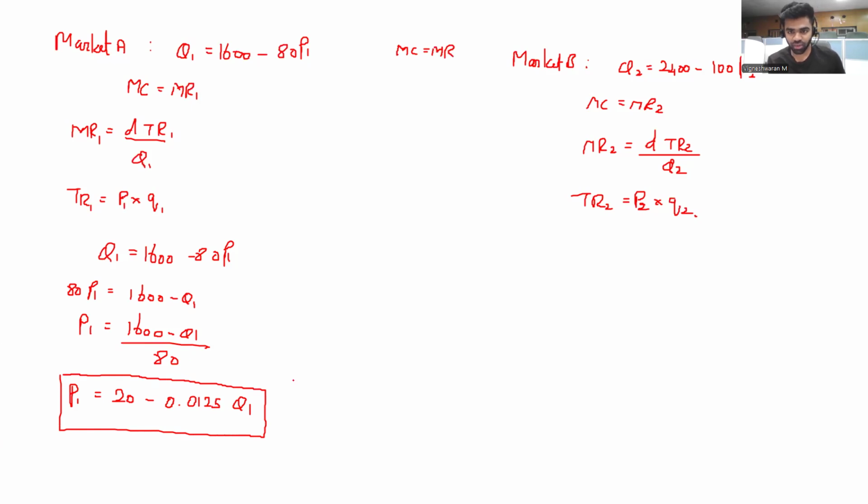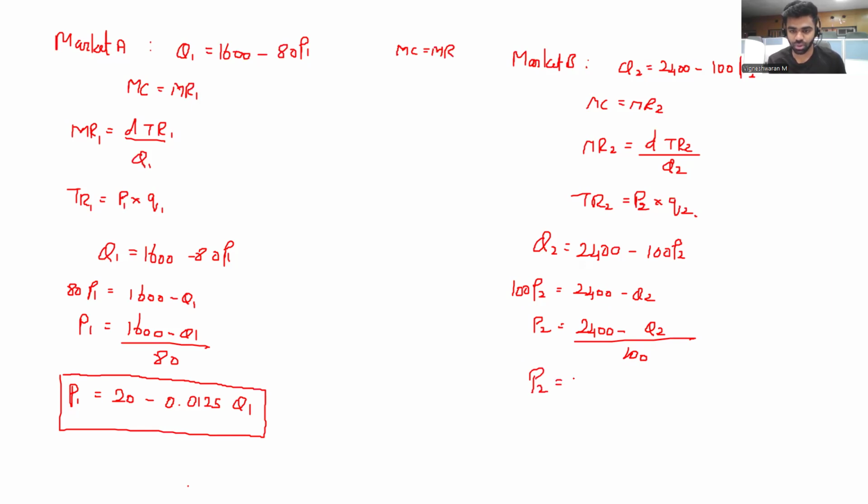In the same way, I want to find the equation for P2. The equation is Q2 is equal to 2400 minus 100 P2, so 100 P2 is equal to 2400 minus Q2. P2 is equal to 2400 minus Q2 divided by 100, so P2 is equal to 24 minus 0.01 Q2.